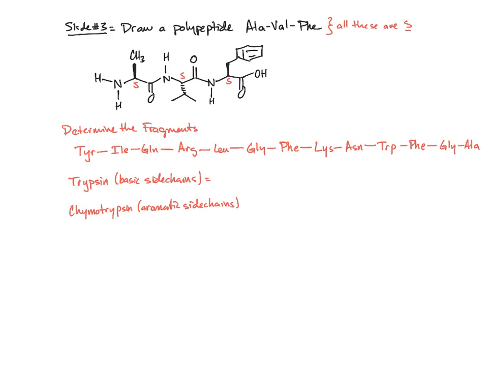So just offhand, do you recall what the basic side chains were? Arg and Lys. So arginine and lysine. Looking at that polypeptide, if that's treated with trypsin, how many fragments should you get?